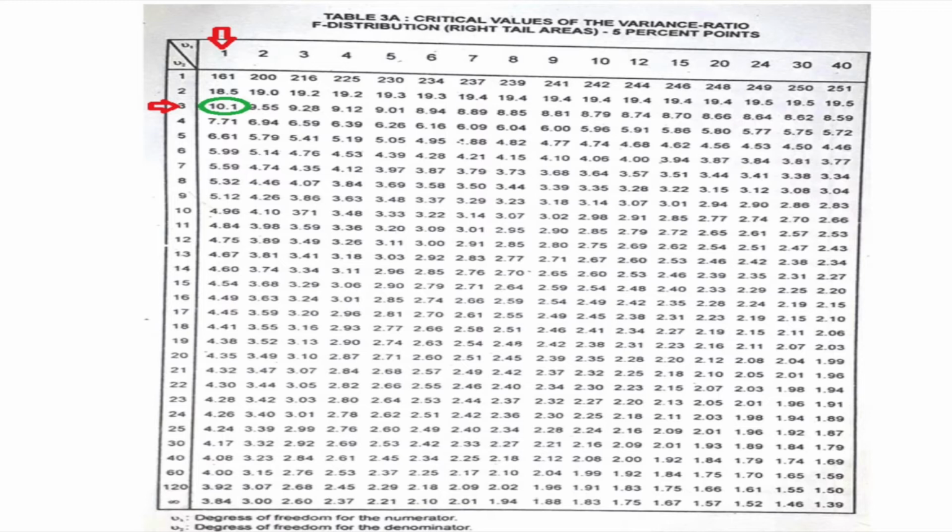Row reference is given for degrees of freedom for the denominator, while the column reference is given for degrees of freedom for the numerator in F statistics. Now, in our case, the degrees of freedom for numerator is 1 and the degrees of freedom for denominator is 3. So, from the table we look at the value referenced in first column, third row, which is 10.1.